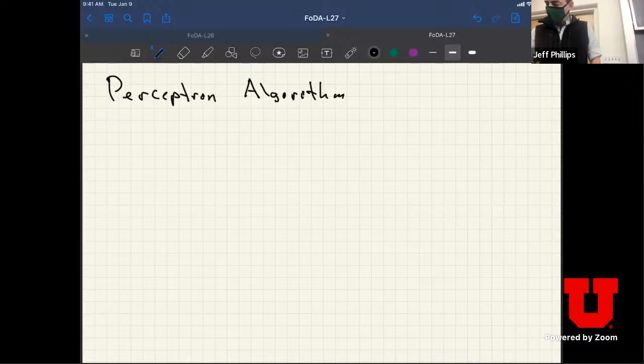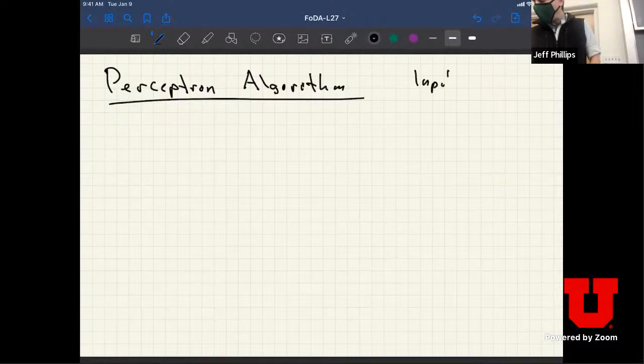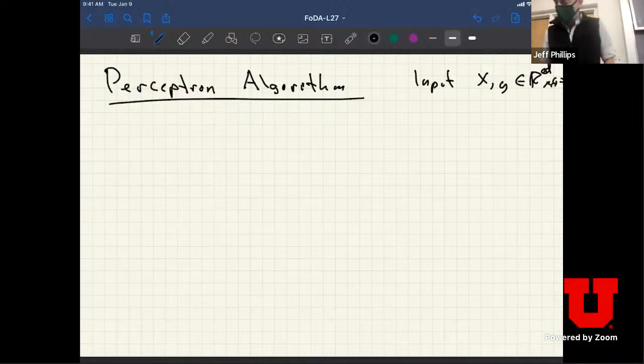In this algorithm, the input was x, y in R^d cross {-1, +1}. The goal is to find a classifier that matches these inputs.